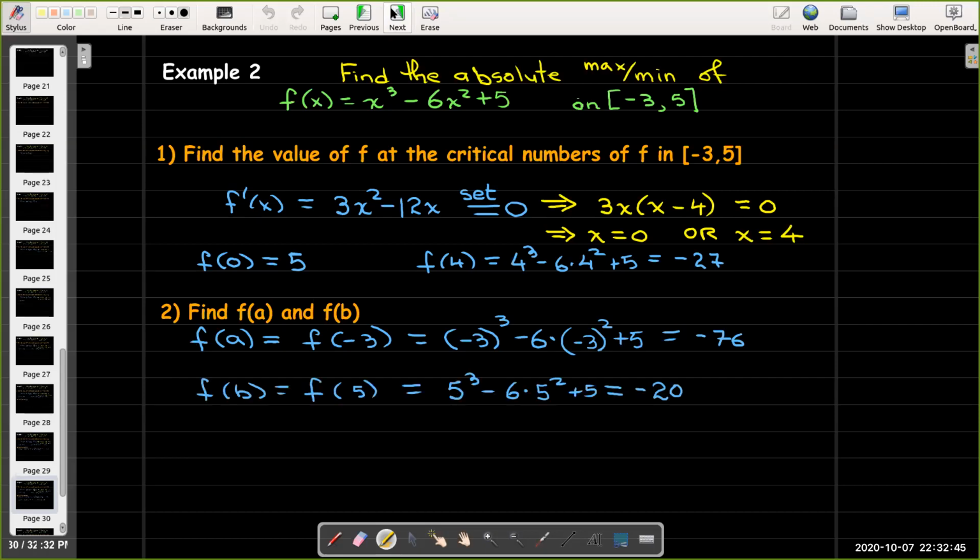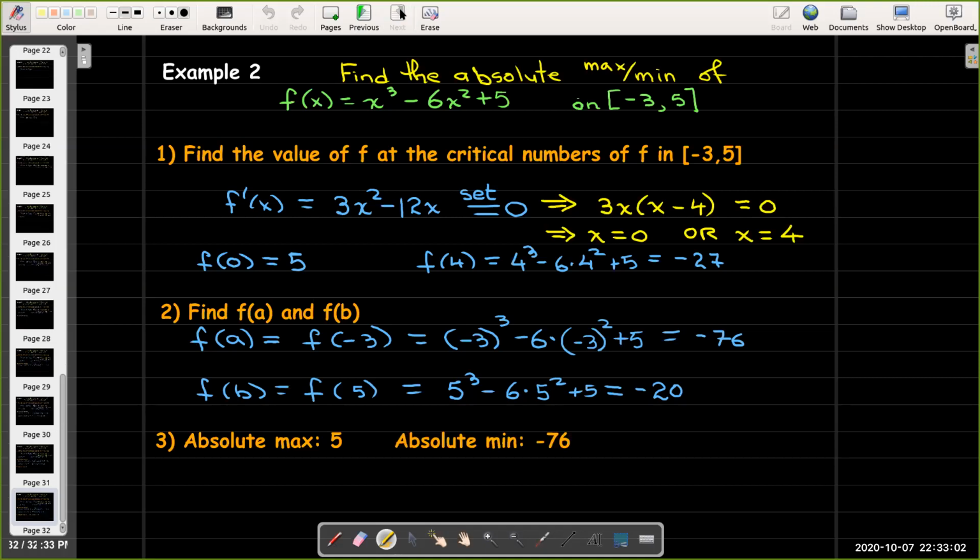And at the right endpoint, f of 5 is -20. So now, last thing we have to do is just among those values that we found in steps 1 and 2, the largest one is 5. So that is our absolute max. The smallest one is -76. And that is our absolute min.